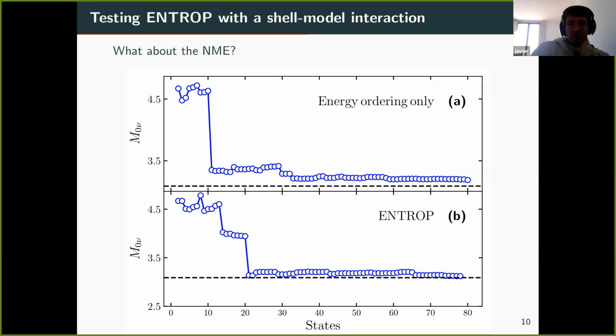Because they are not linearly independent. We have a set of mean field states at the beginning, and these are the ones that we choose. We do a GCM calculation with these states, but we do not select the orthogonal ones. We select the mean field ones.